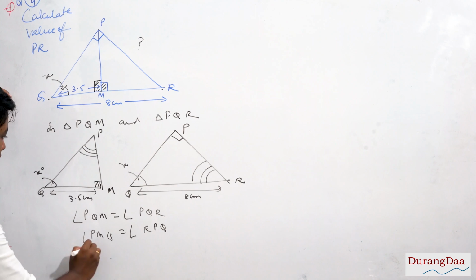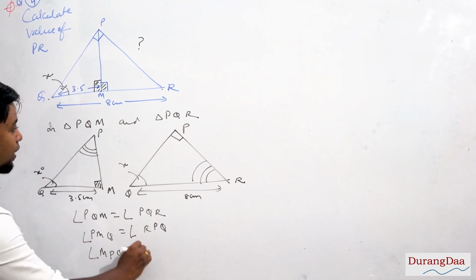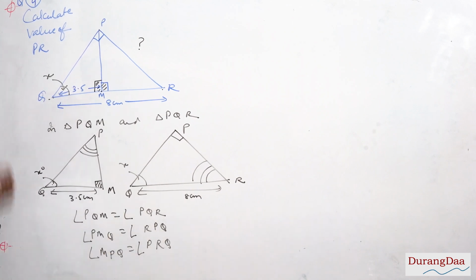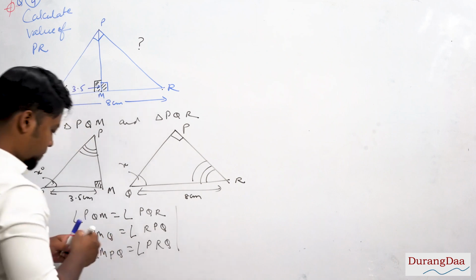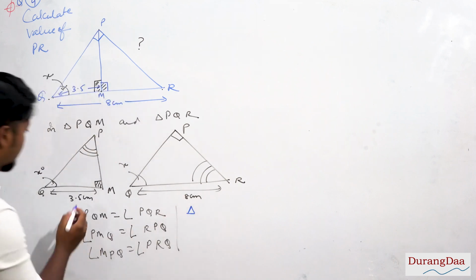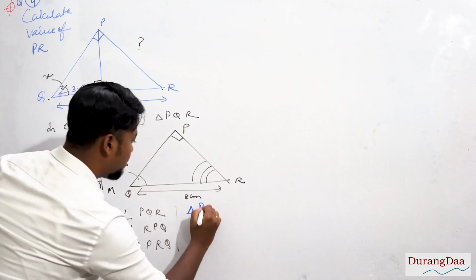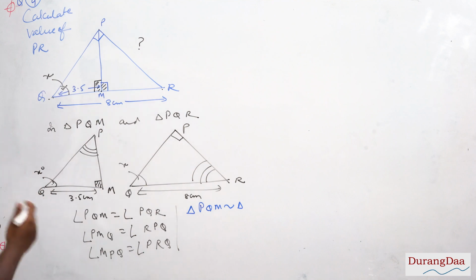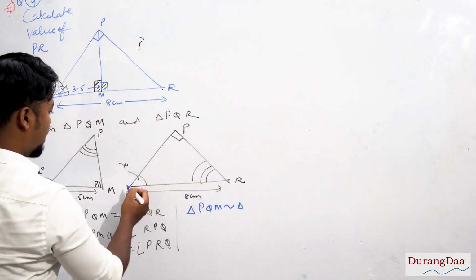So I can write angle MPQ is equal to angle PRQ. So we can write triangle PQM is similar to triangle RQP.